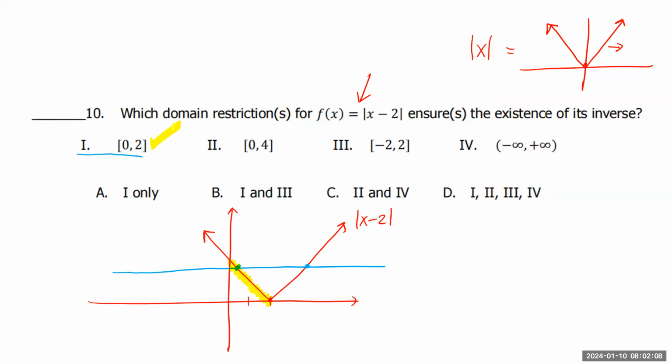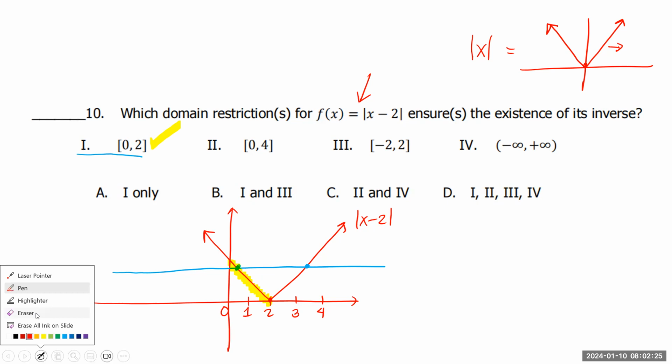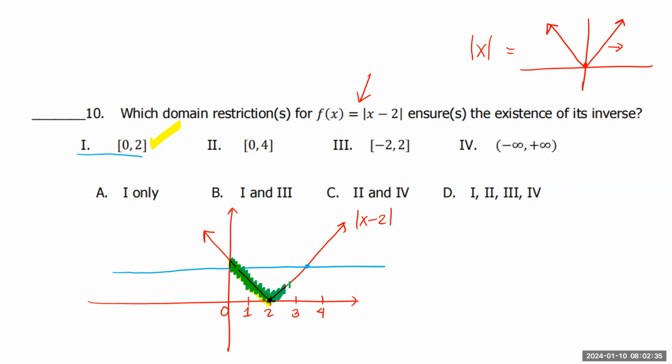How about number 2? If our graph is from 0 to 4, okay, so let me label the points. So this is 0, 1, 2, 3, 4. Okay? So if we consider daw 0 to 4, so ibig sabihin, ito yon, 0 to 4.